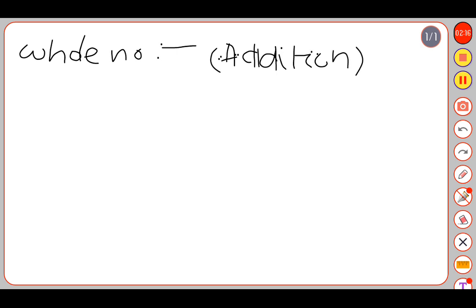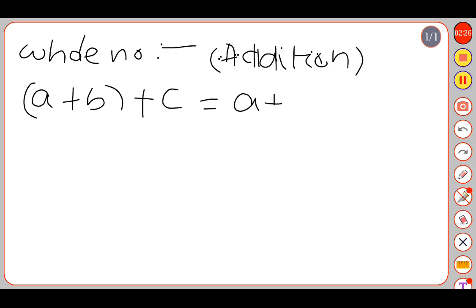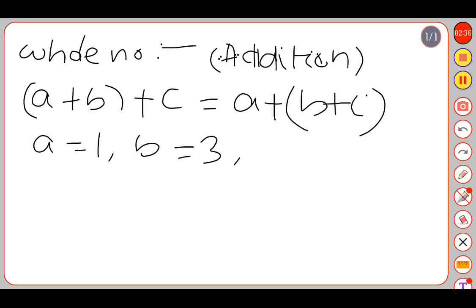For a number to follow associativity under addition, it must follow the following rule: (a + b) + c equals a + (b + c). So we will take three whole numbers. Let a equal 1, b equal 3 and c equal 4.